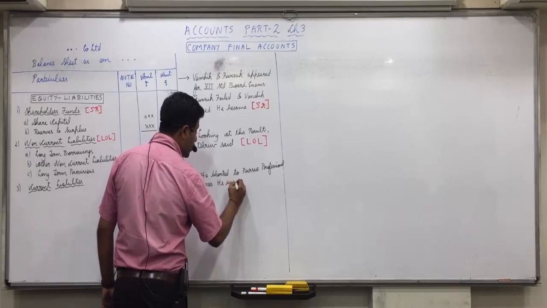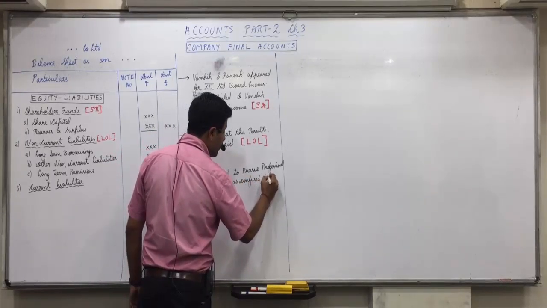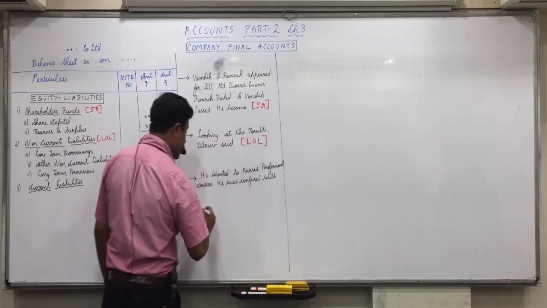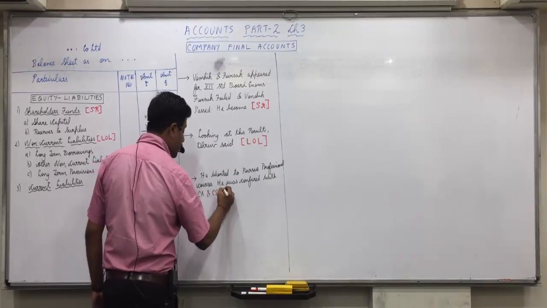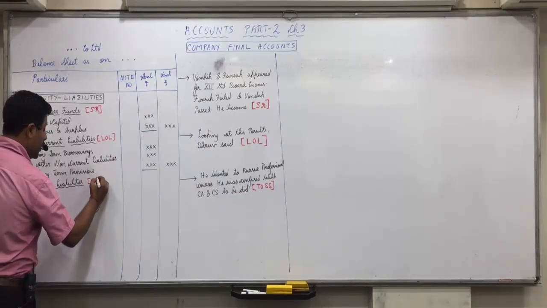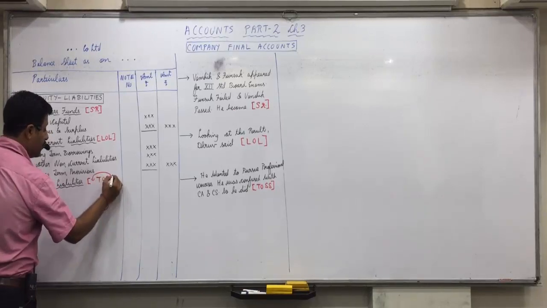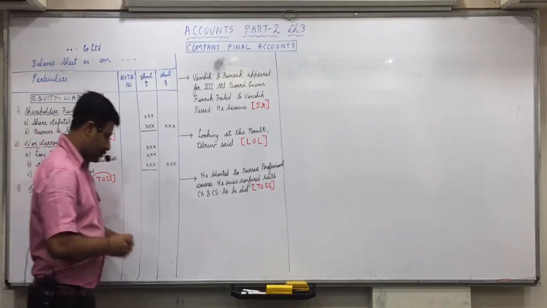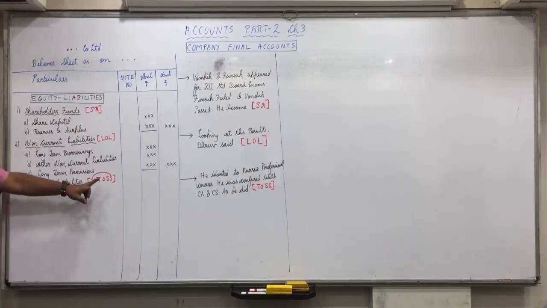He was confused between CA and CS. So he did, in bracket, Toss, but this S will come first.